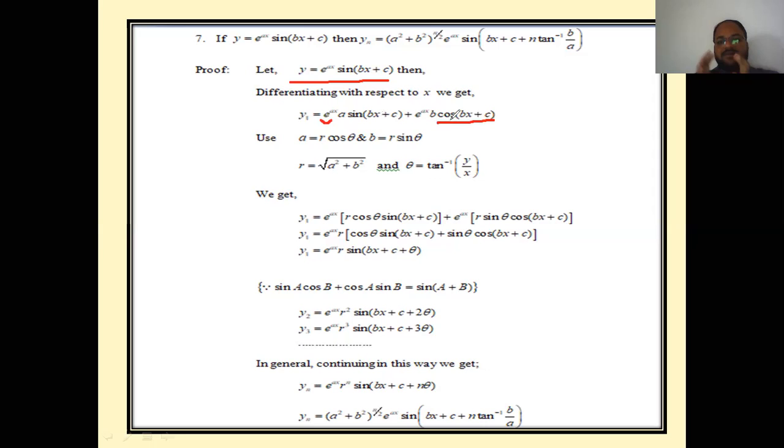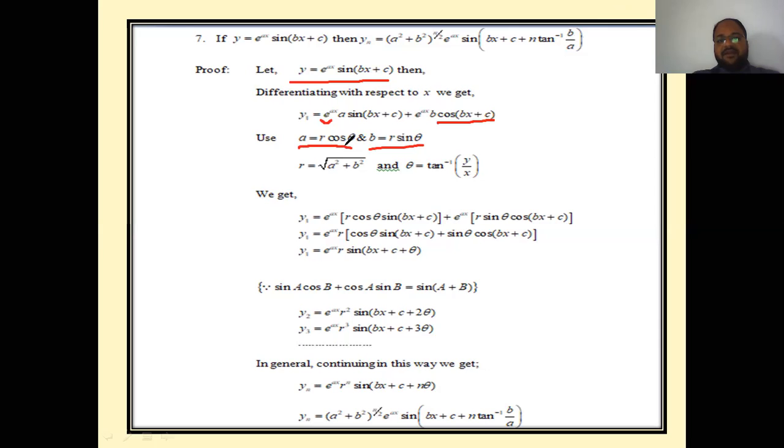So for this purpose, we have to use some proper substitution, and this substitution is what? a equals r cos theta and b is equal to r sine theta. This is the proper substitution. Now why do we use this substitution? The reason is that the angle is tan inverse b by a.